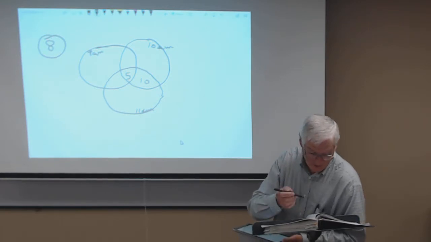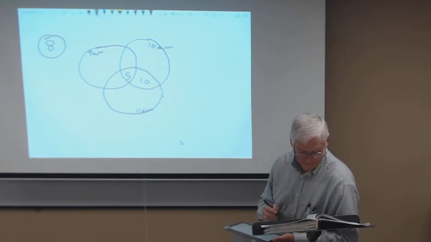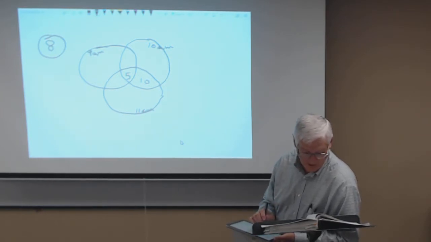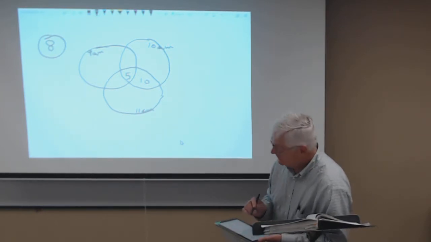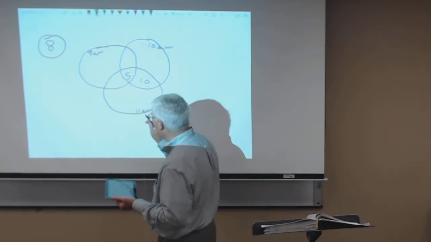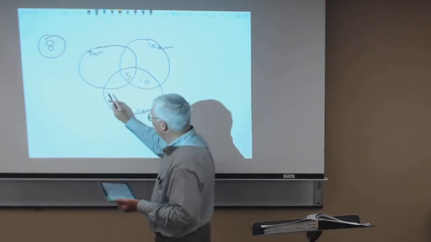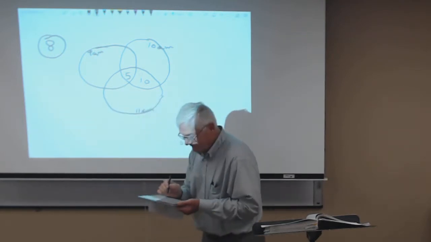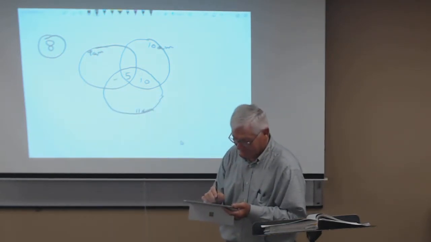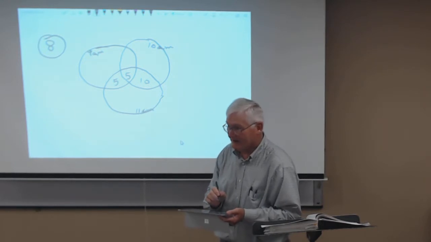So let's move up one more line. 10% have 9 and 11. So here's 9 and here's 11, and 10% are in here. So what number goes there? 5. Everybody see that?